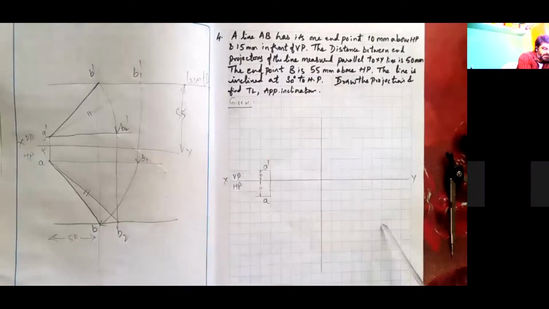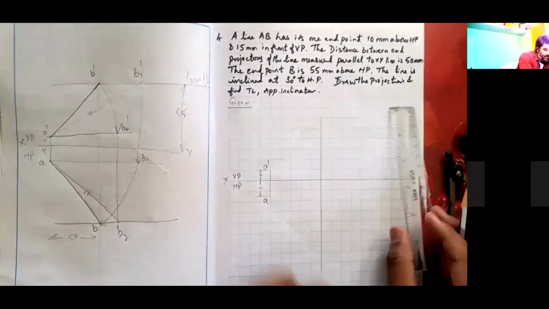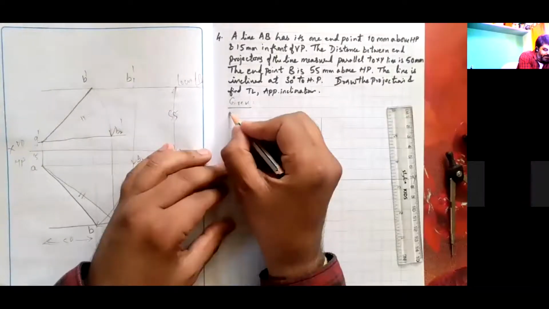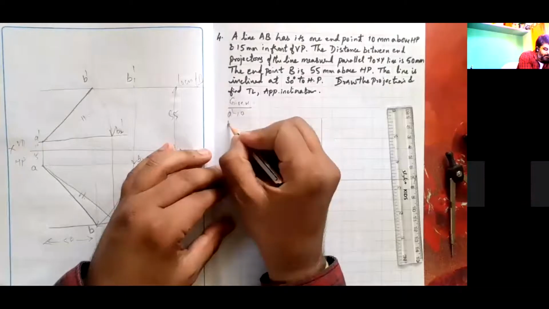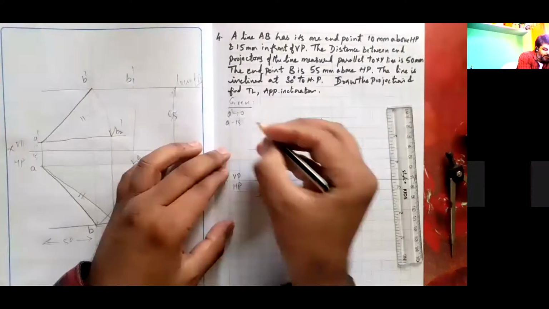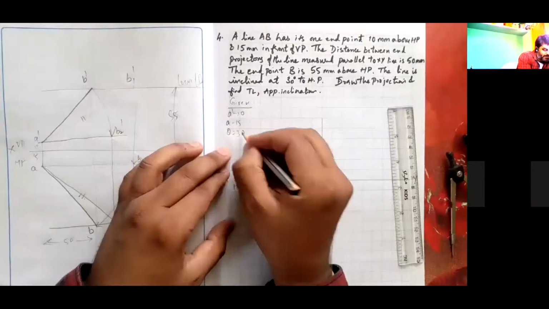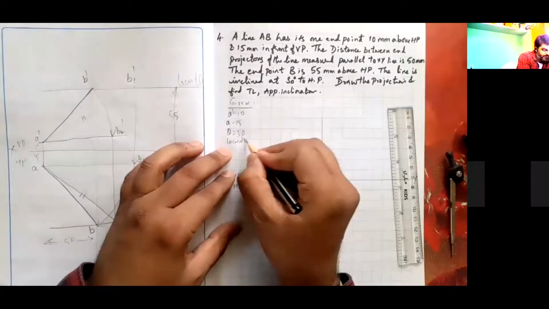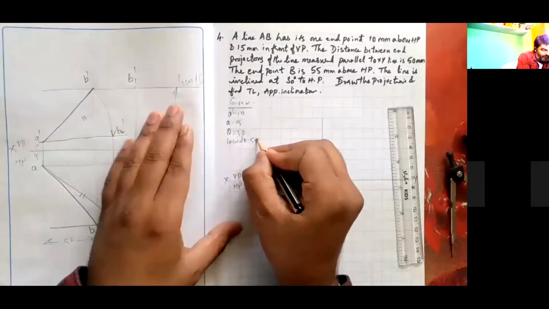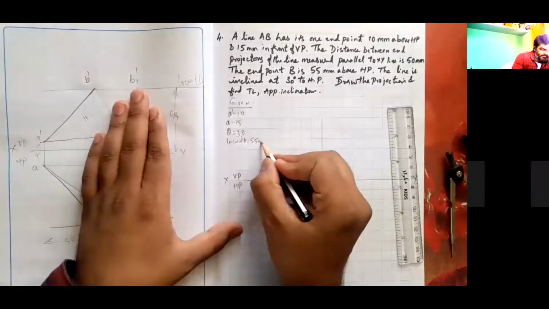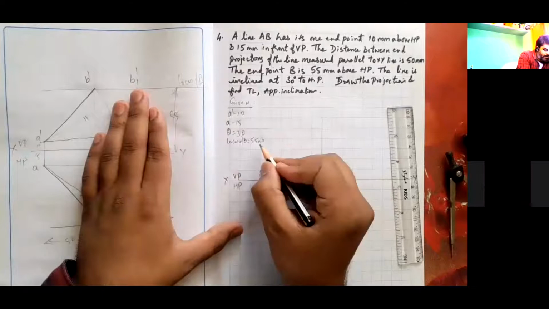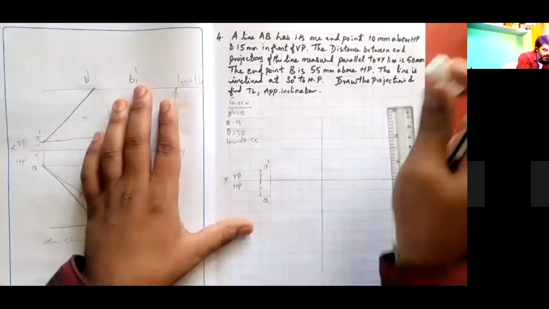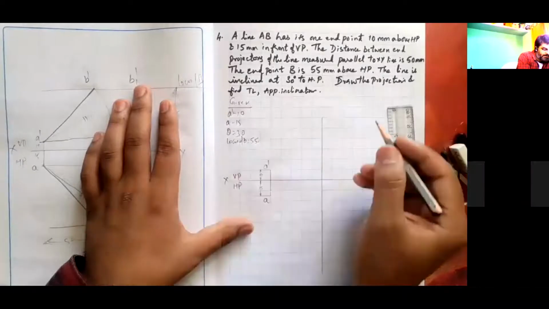So the given things are A dash 10, A at 15, then theta 30 degrees is given, and locus of B is 55 mm above HP, and distance between end projectors 50 mm.